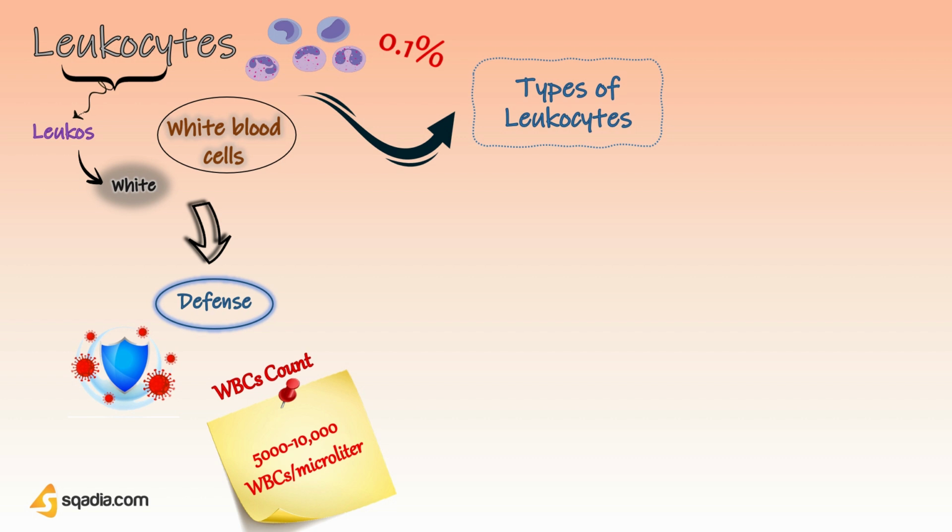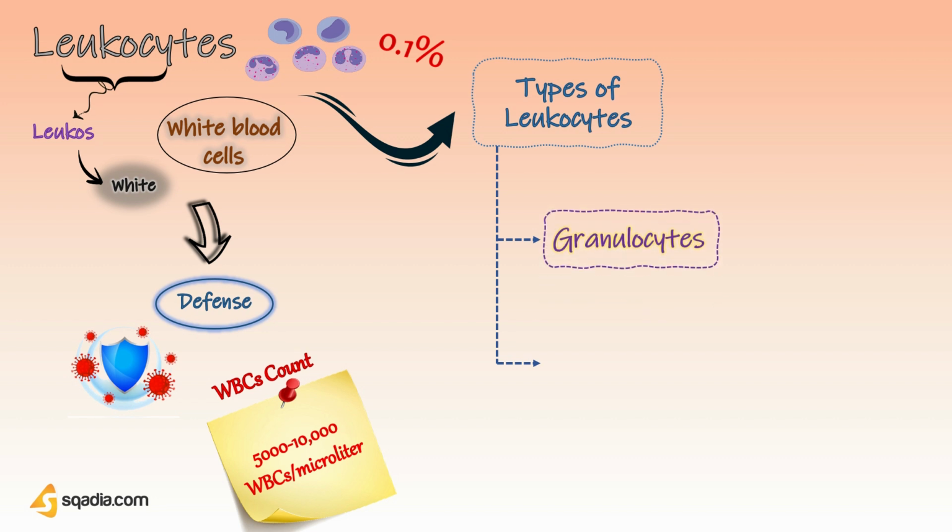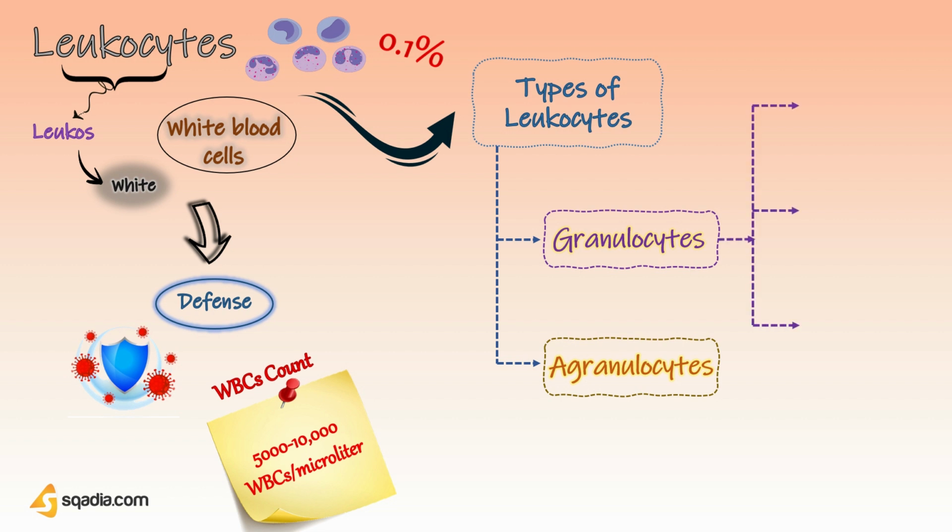There are different types of white blood cells, or we can say leukocytes generally can be divided into two categories. Granulocytes, these are the leukocytes with granular cytoplasm, and agranulocytes. These are leukocytes without granules or with clear cytoplasm.